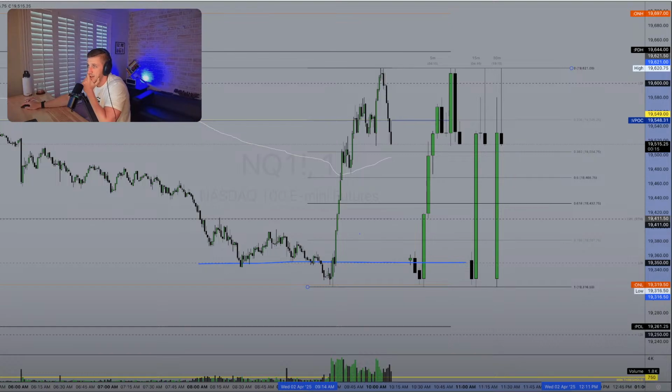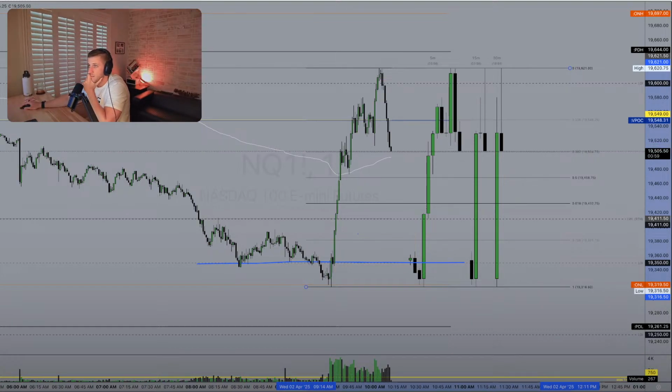Check out that 15-minute candle for the higher time frame enjoyers. Watch out for a trap given current context.